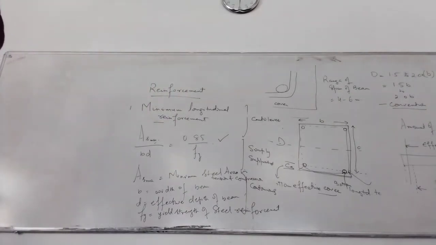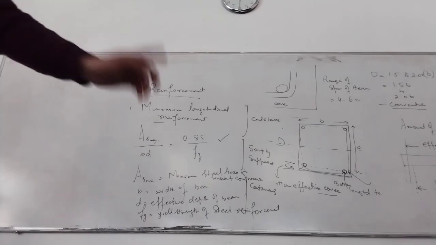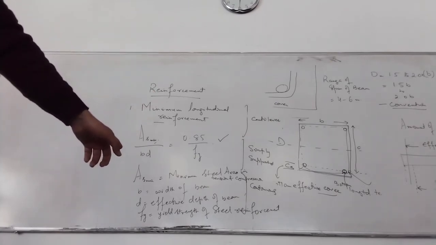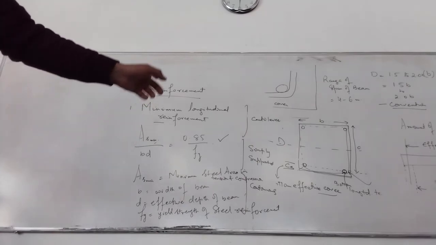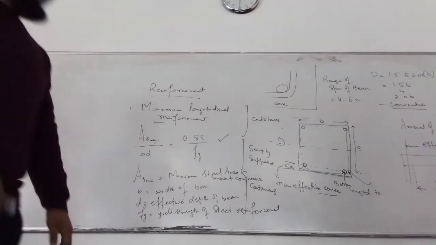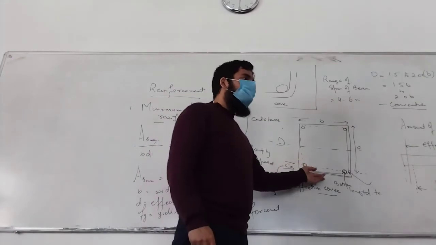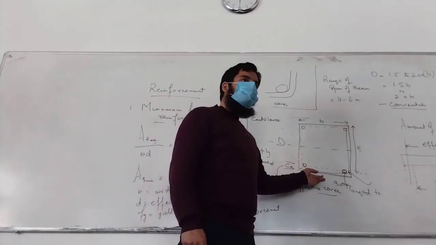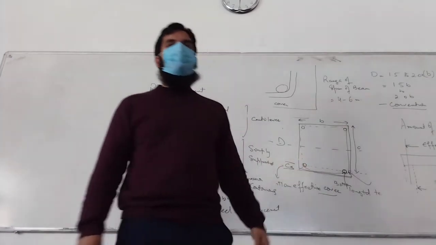Now, your steel will not be dependent only on minimum. This is just a minimum. It will be dependent on how much load is coming. So the amount of tensional moments that are generated at the bottom of this beam will decide the reinforcement amount.